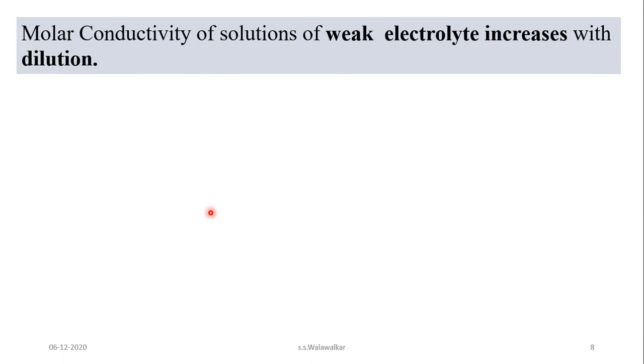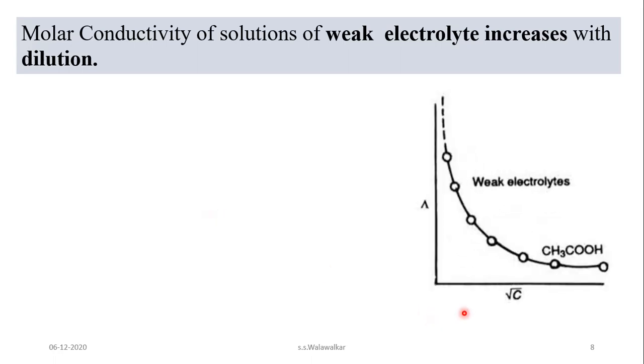So molar conductivity of solution of weak electrolyte also, you know that it increases with dilution. And if you see here the graph of acetic acid, then the molar conductivity of acetic acid is less than the strong electrolyte, as it is below the plot of the strong electrolyte.